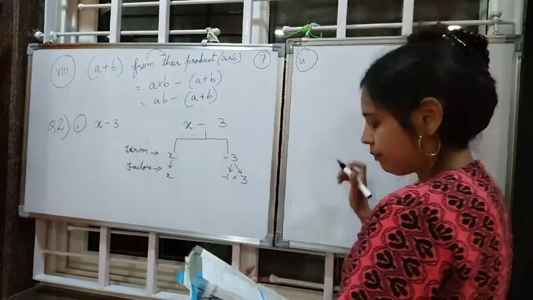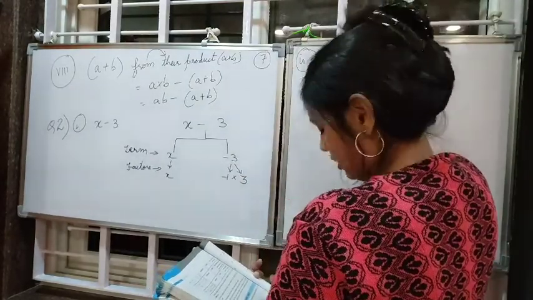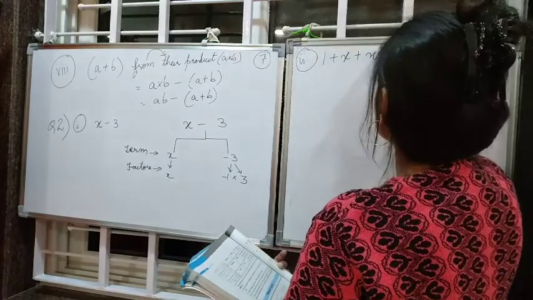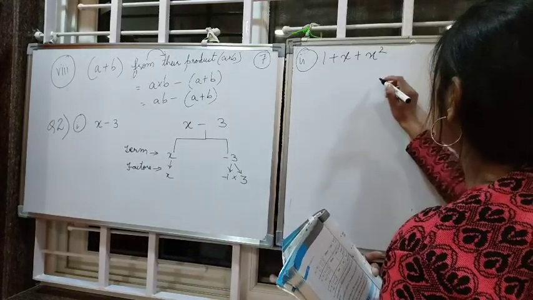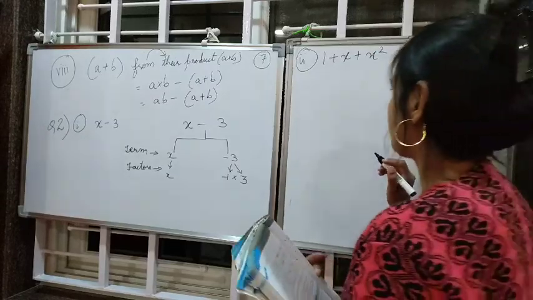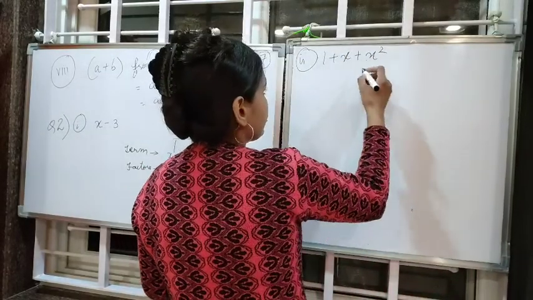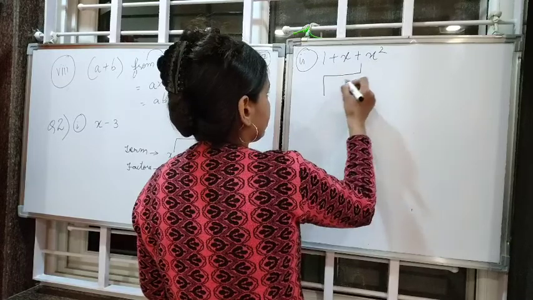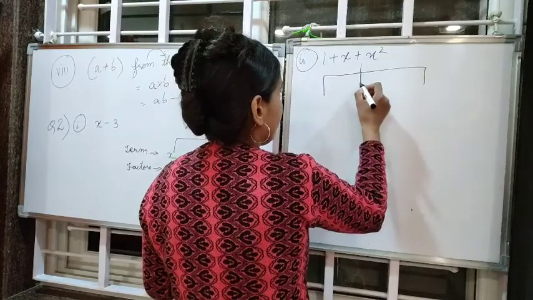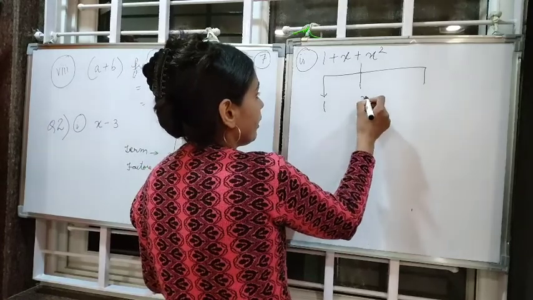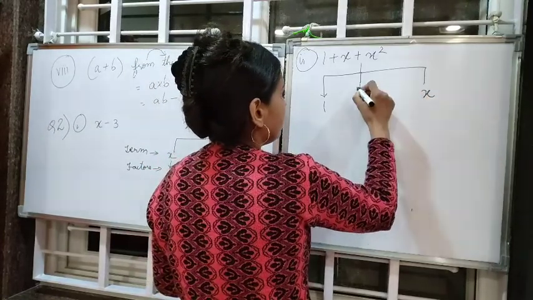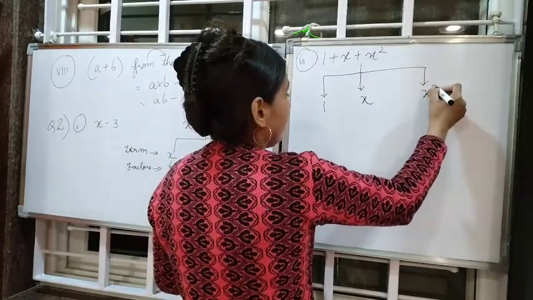Then we go to the second part, 1 plus x square. So again we write the expression. Suppose this is only the expression, children. Let's write the terms. What are the terms? 1, x and x square.